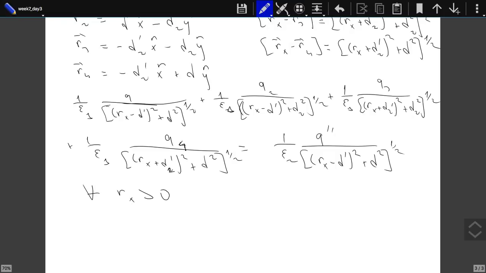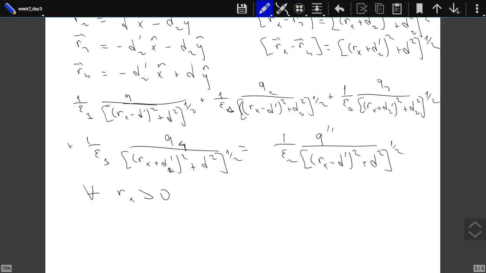Sum of all the charges. Well, that definitely will not work. Since this is true for all values of Rx, the functional forms of both sides should also match. Because if the functional forms do not match, you can make them equal at a given point, but it will not be equal at a different point.